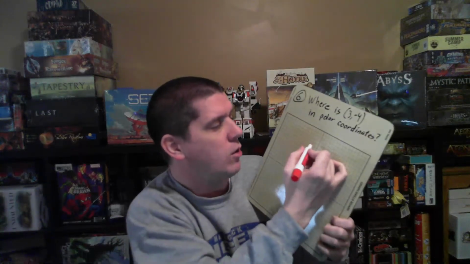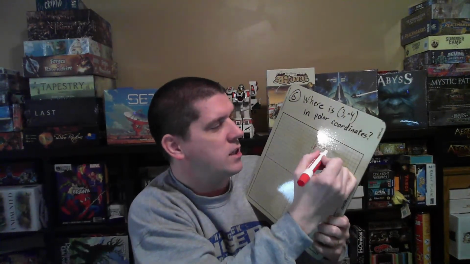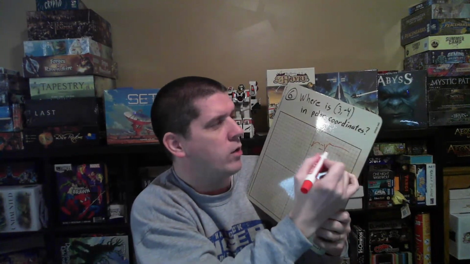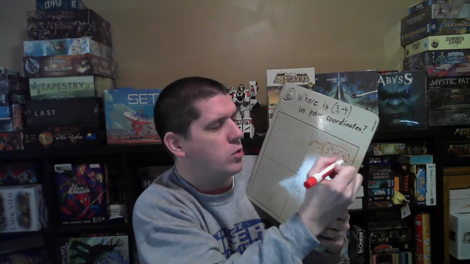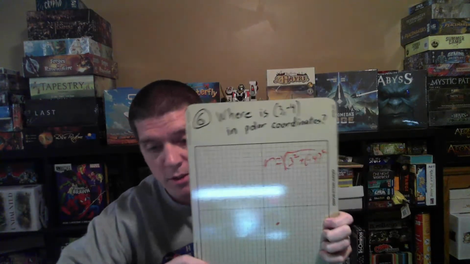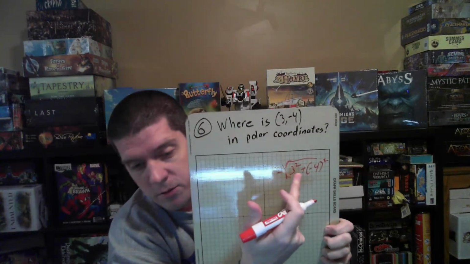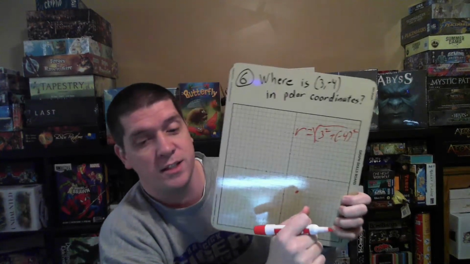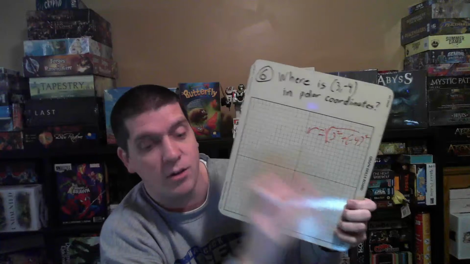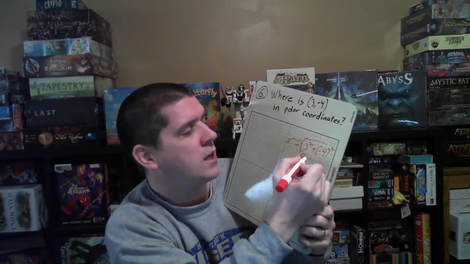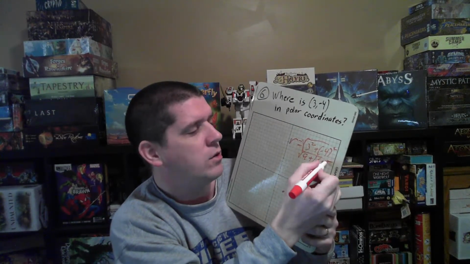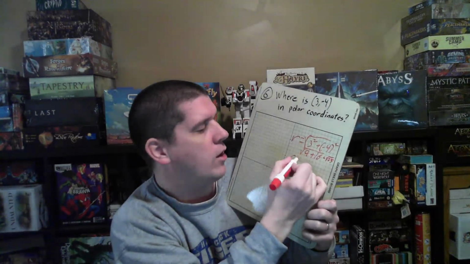The radius is just the square root of 3 squared plus negative 4 squared. Remember, as we're typing this into our calculator, if I'm squaring a negative, that should always be positive. If your calculator says something negative, you're doing something wrong. So 3 squared is 9 plus 16, square root of 25. So we know that r equals 5.